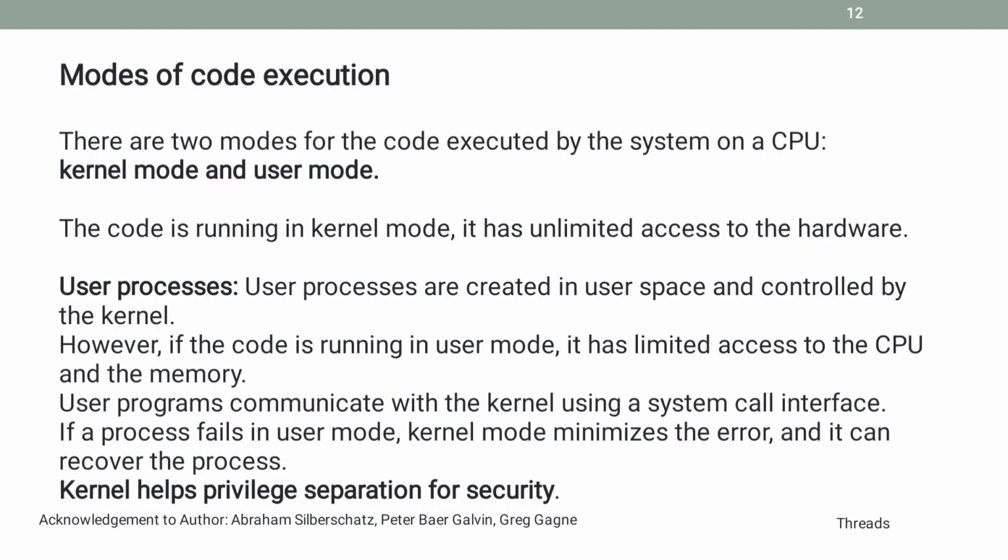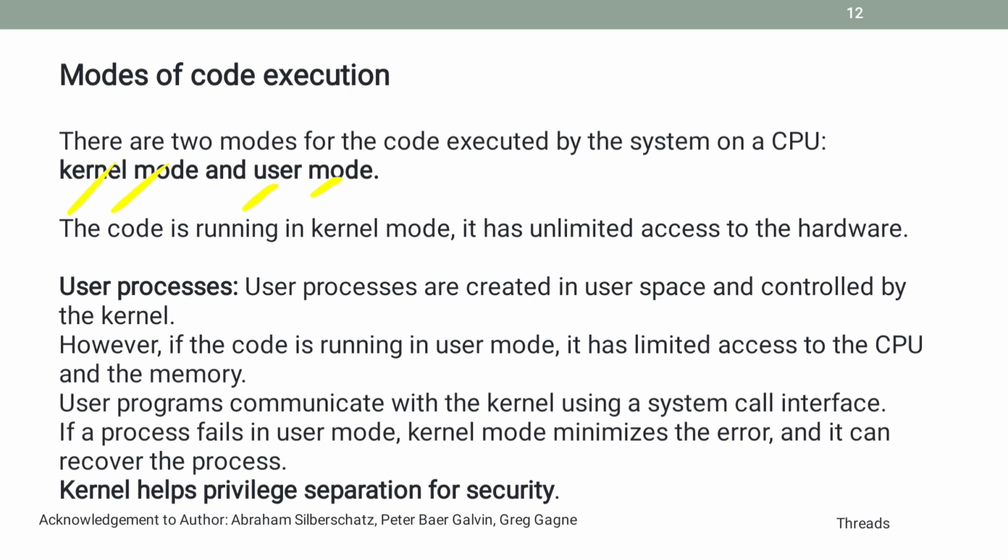Kernel also enables inter-process communication with each other. So the programs can be executed in two modes. One is user mode, the other is kernel mode. User-related programs or sets of instructions are executed by the computer in user mode. Operating system related instructions are executed in kernel mode.